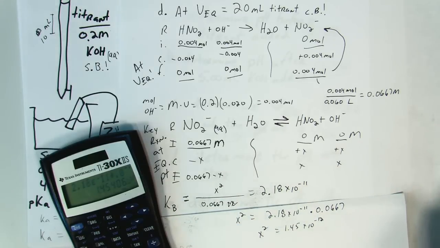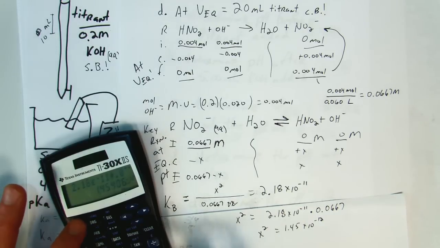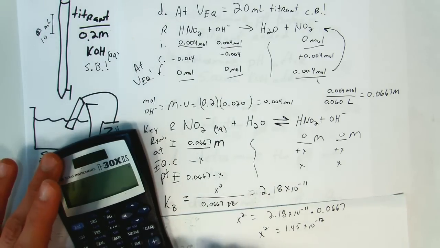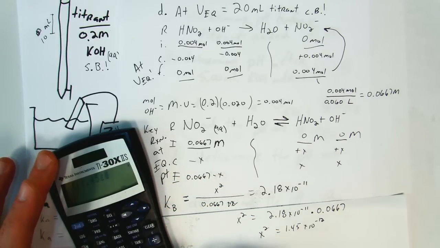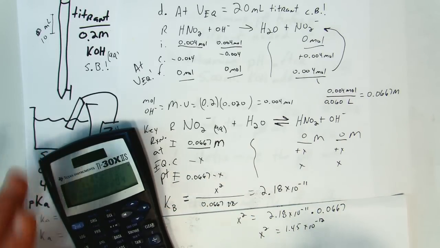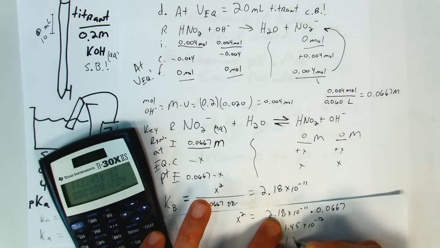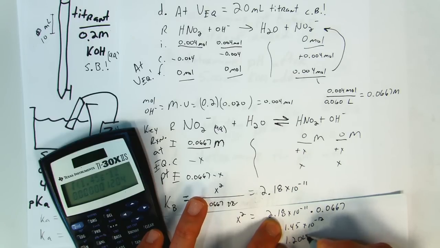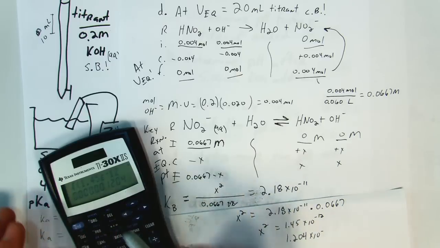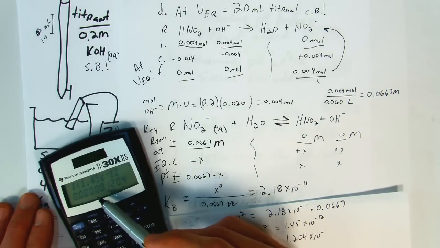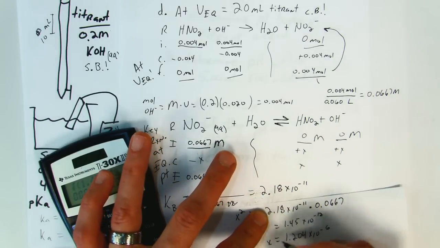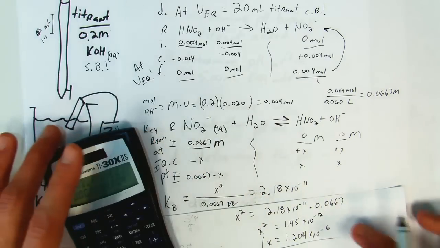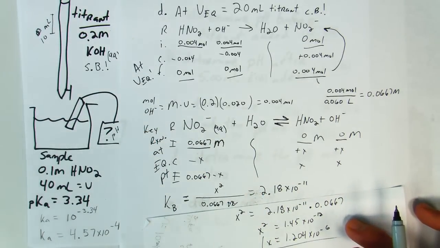And now I have to take the square root of that. And I get 1.204 times 10 to the minus 6 being equal to my x. Alright, so that's my x.